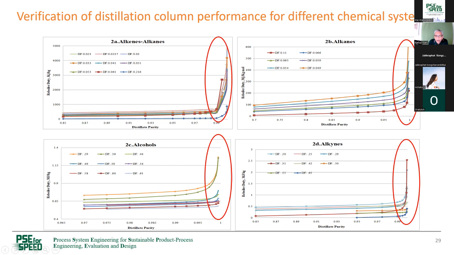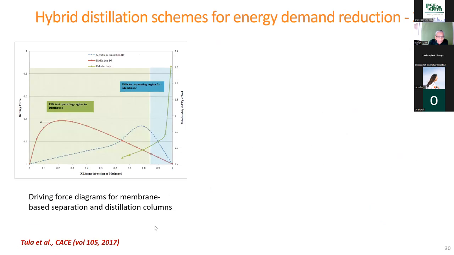That in the high purity section, most of the energy is used. So we can say this is the distillation curve, and we see that it requires a lot of energy to do the high purification.